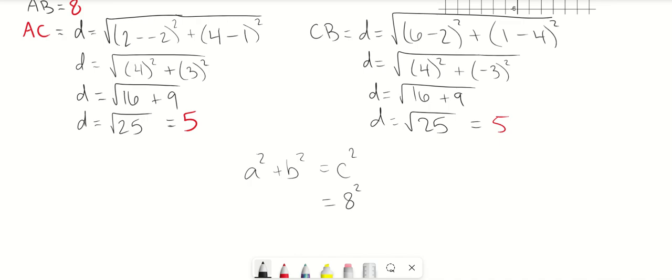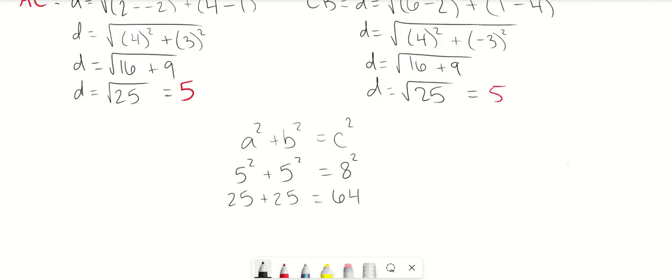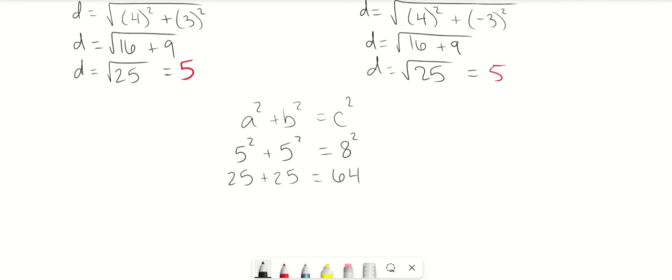So a and b are going to be our two other sides, which are going to be 5 squared plus 5 squared. Well, 5 squared is going to give us 25 plus 25, and 8 squared is going to give us 64. 25 plus 25 is 50, and 50 is not equal to 64.